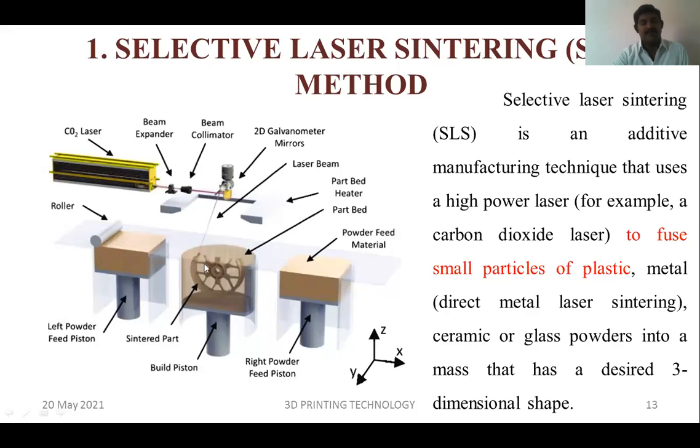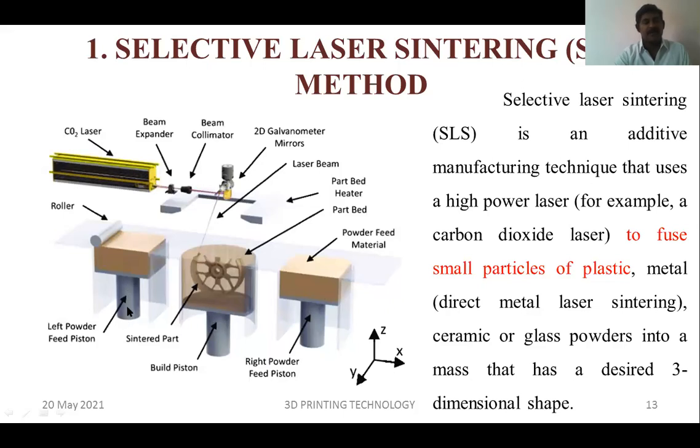After conversion of your CAD modeling and STL file and the slicing of the particular component, it will move on to this CO2 laser as well as this piston pot. So we need to do the layer by layer process through this laser. So here three pistons are available.